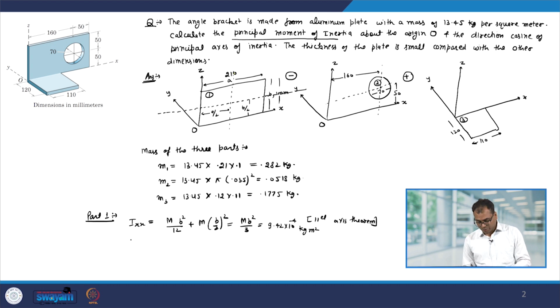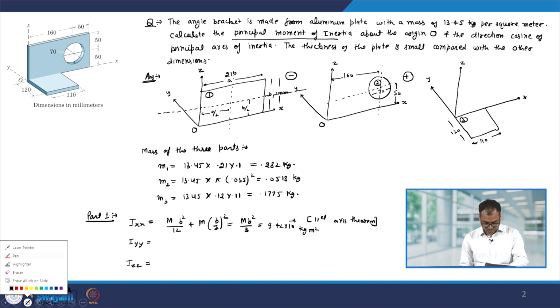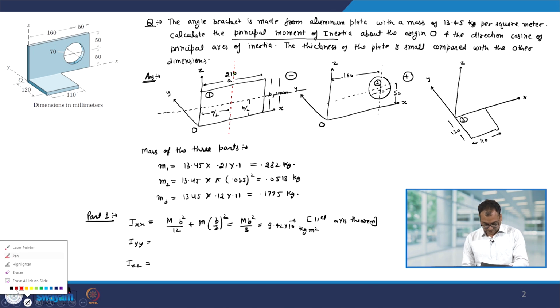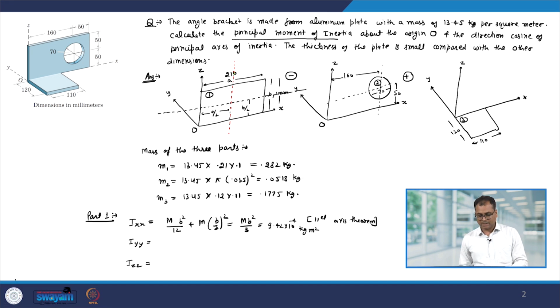Now, the moment of inertia about the y axis we can calculate by using the perpendicular axis theorem, because this plate lies in the x z plane. Therefore, let us first calculate the moment of inertia about the z axis. The moment of inertia about the z axis can be calculated using the parallel axis theorem. For that, let us first calculate the moment of inertia about the dashed red line and then use the parallel axis theorem.